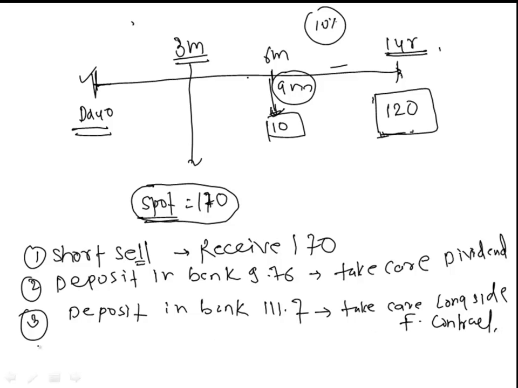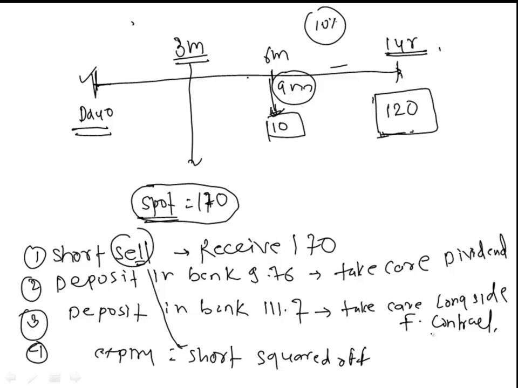And what will happen on the date of expiry is that your short position that you have taken here would be squared off with the long position. So on the date of expiry, the contract would be squared off automatically, which means today you are left with this amount. So this is how you could unlock the value of your forward contract.